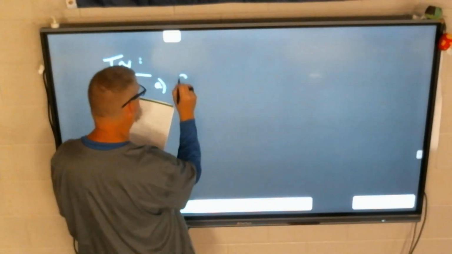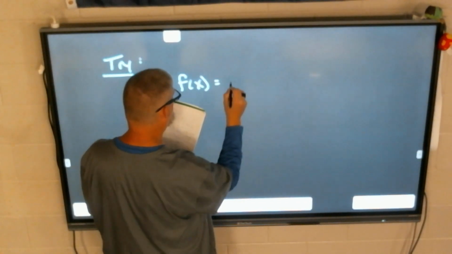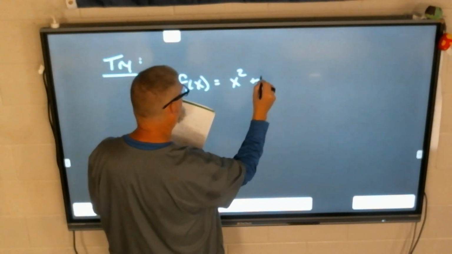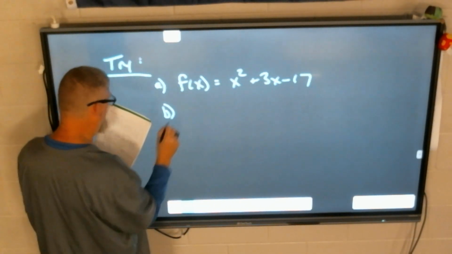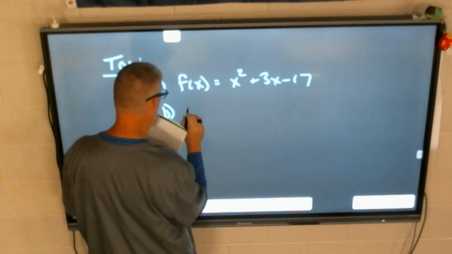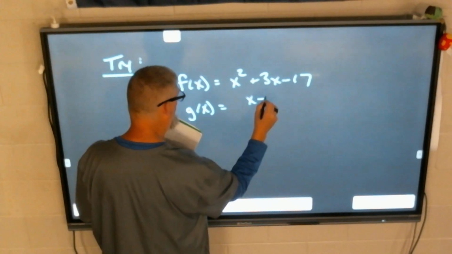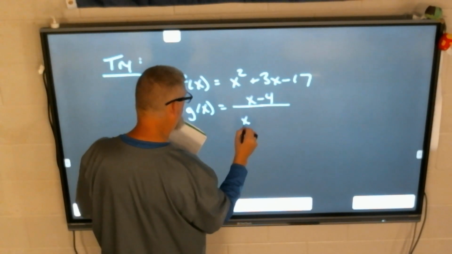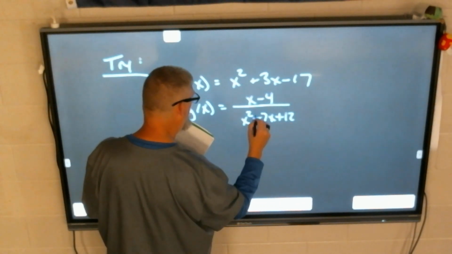F of x equals x squared plus 3x. B. Let's go with g of x equals x minus 4 over x squared plus 7x plus 12.